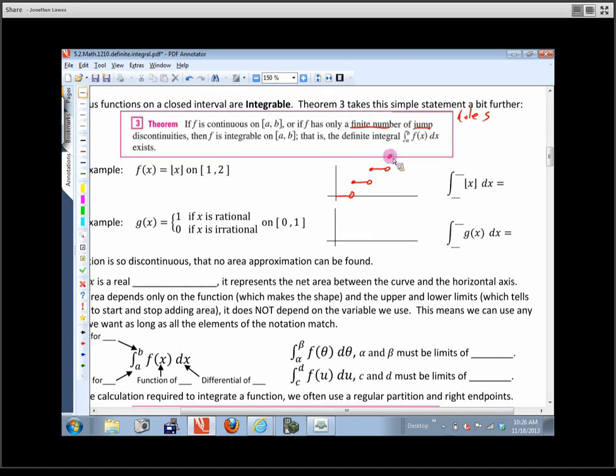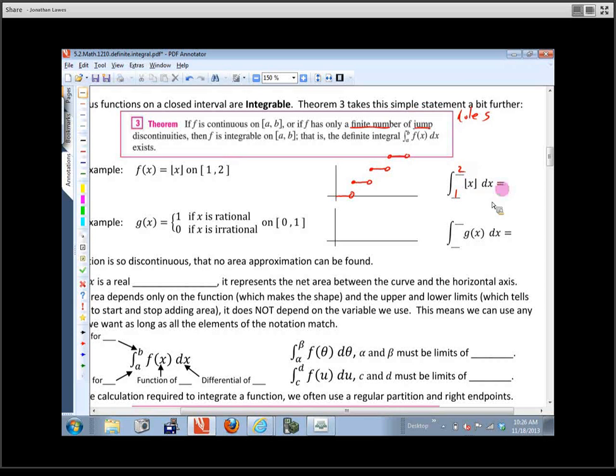And it just continues to go in this stair-step fashion. Okay? So what we want on this one is the signed area for that function between 1 and 2. So we're going to go from 1 to 2. Actually, yeah, let's go from 1 to 2. That won't be bad.